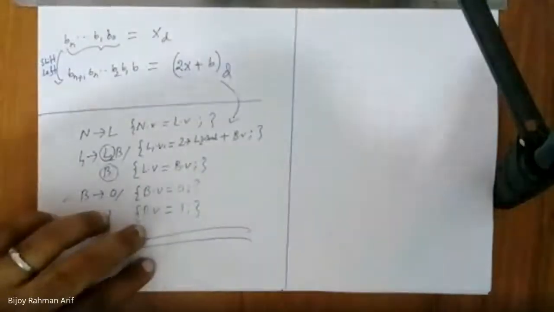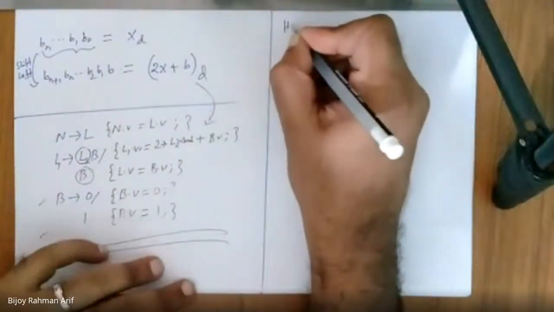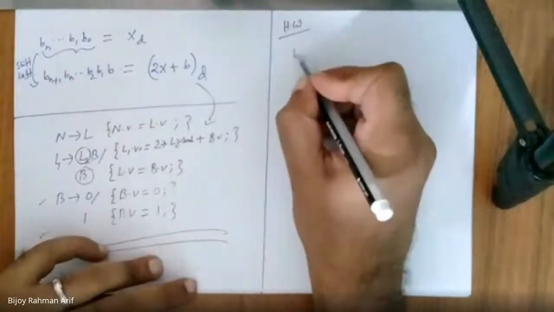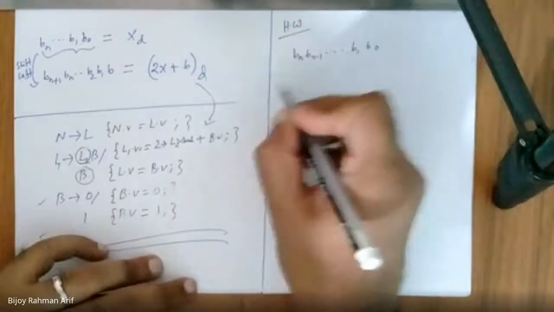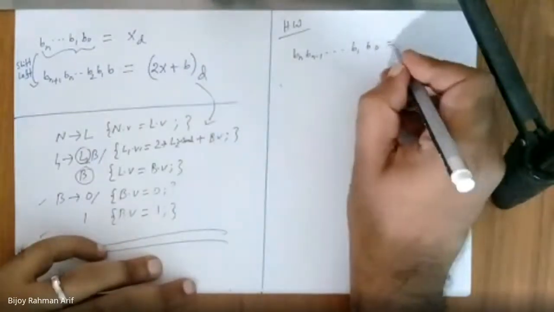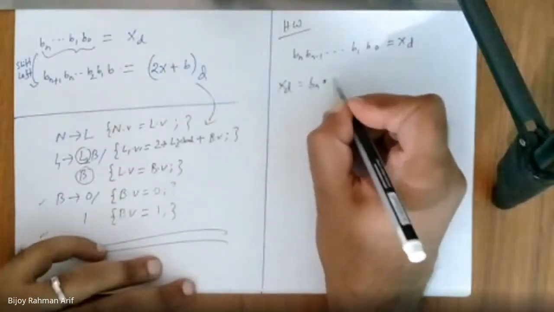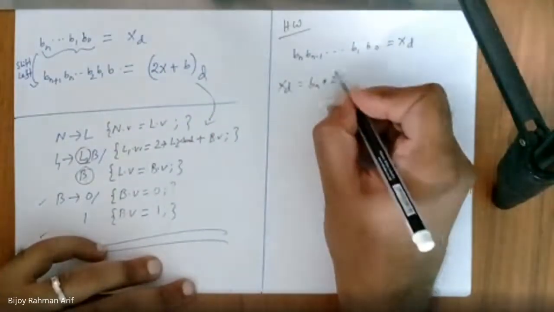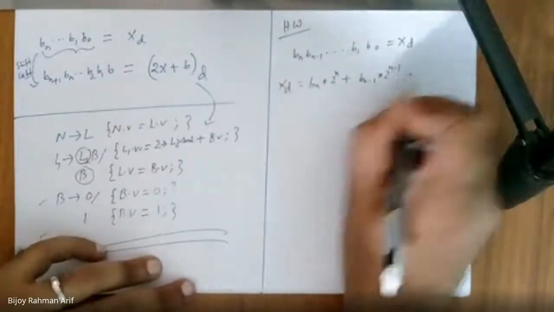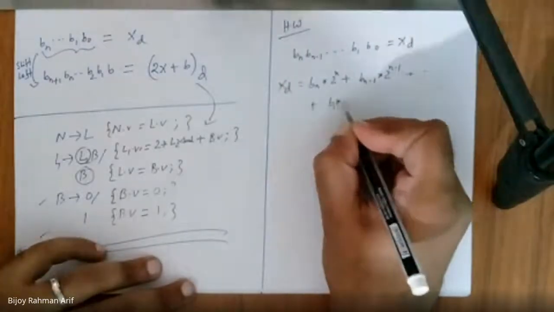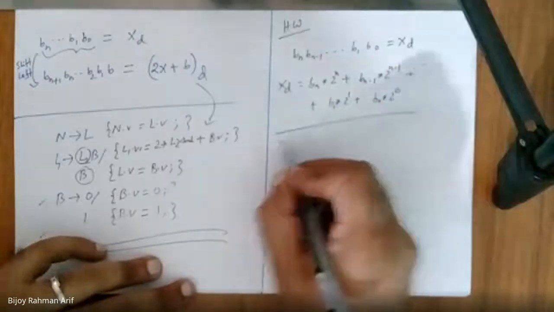So I'm going to give you a homework. So without applying this, the homework is like this. Bn, Bn minus 1, B1, B0. We know that its decimal equivalent, if it is XD, is nothing but Bn times 2 to the power n, plus Bn minus 1 times 2 to the power n minus 1, plus B1 times 2 plus B0 times 2 to the power 0.